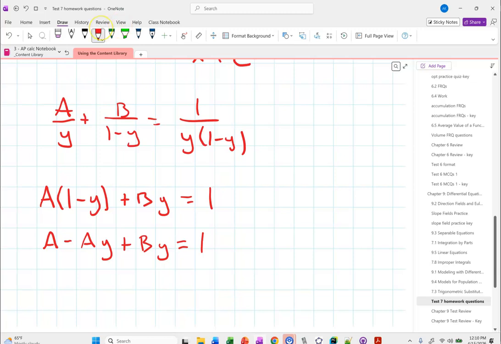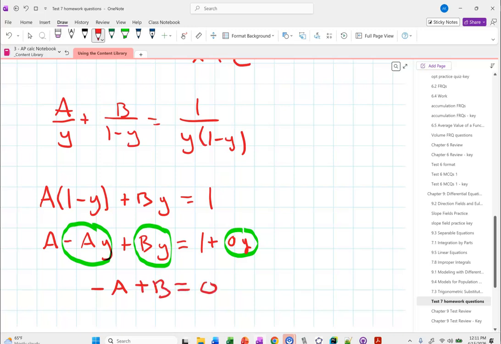So if I look for my coefficients, negative ay plus by has to give me 0 y's. So negative a plus b has to equal 0.